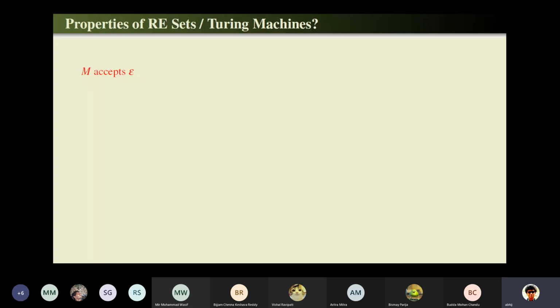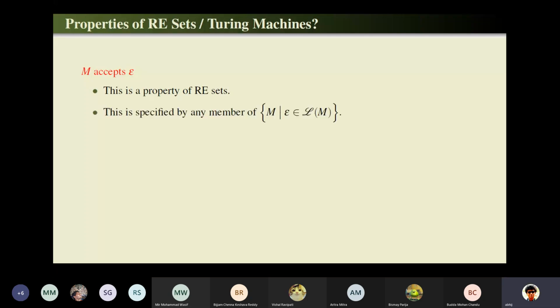So this is our property number 1: whether M accepts epsilon. This is actually a property of RE sets. So this question is whether epsilon belongs to the language of M. And it can be specified by any Turing machine whose language contains epsilon.